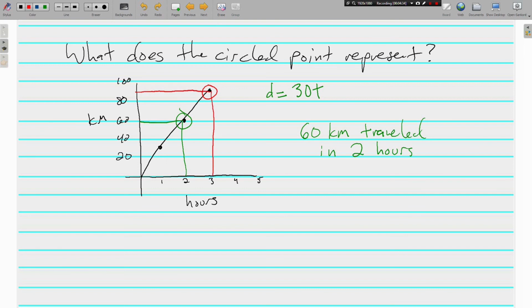The red one is 90 kilometers traveled in how long? 3 hours. So interpreting a graph, really not too bad. Just use the labels, your x and y axis. 60 kilometers traveled in 2 hours.